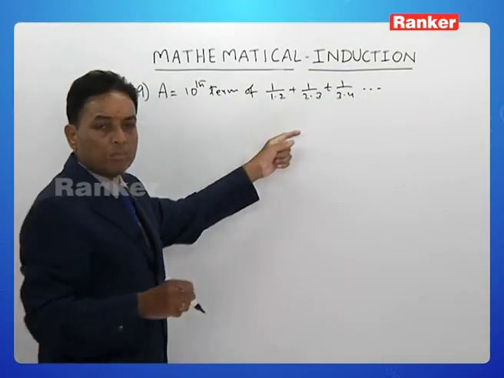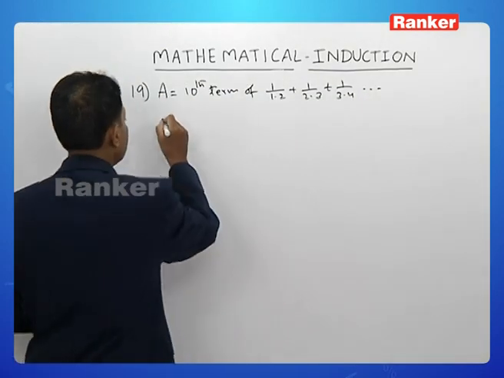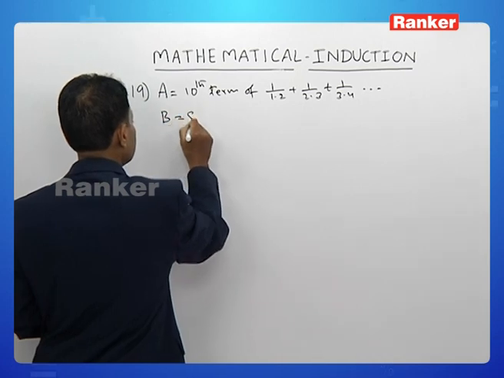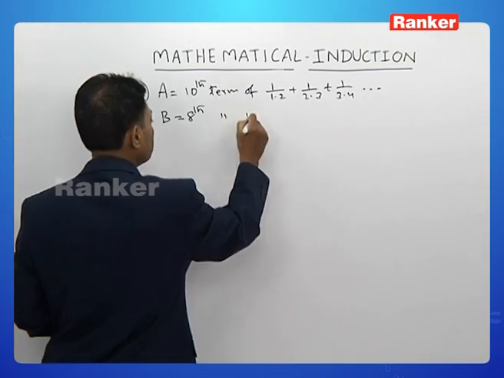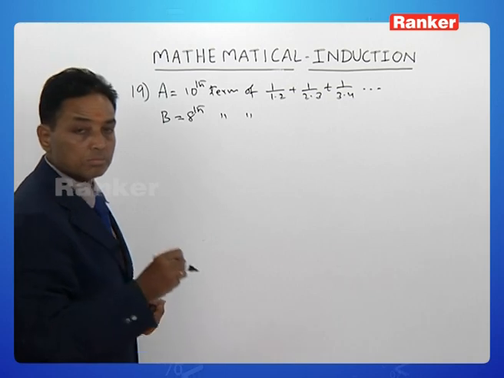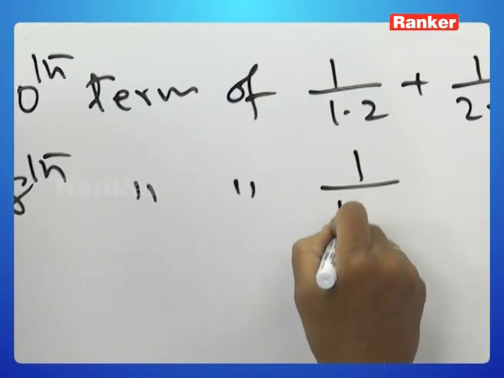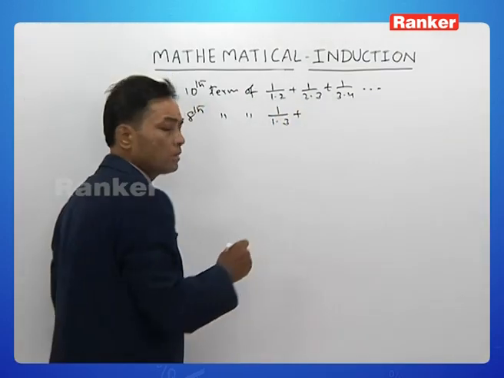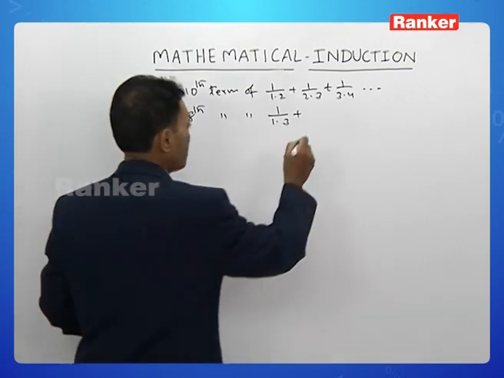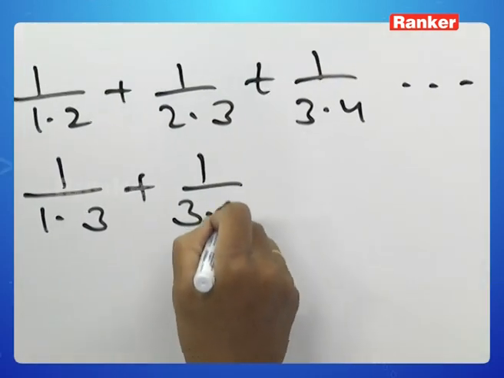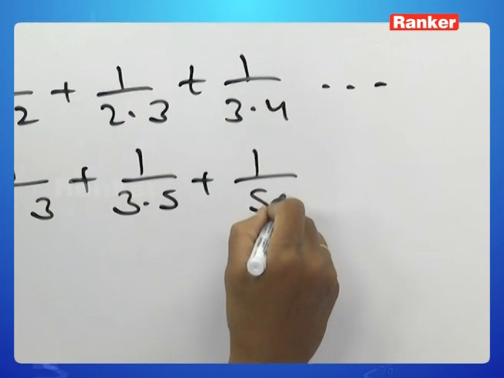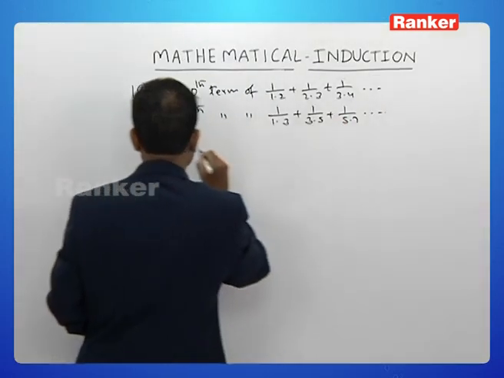We have to write the 10th term and write the value. Second one, B: the 8th term of 1 by 1 into 3 plus 1 by 3 into 5 plus 1 by 5 into 7, and so on.